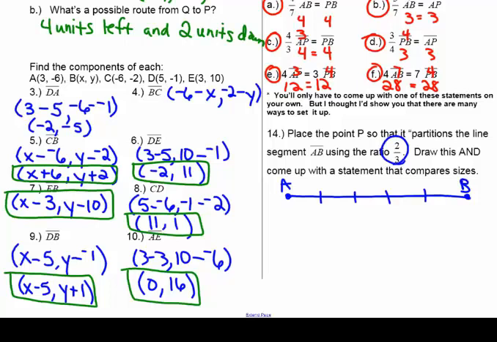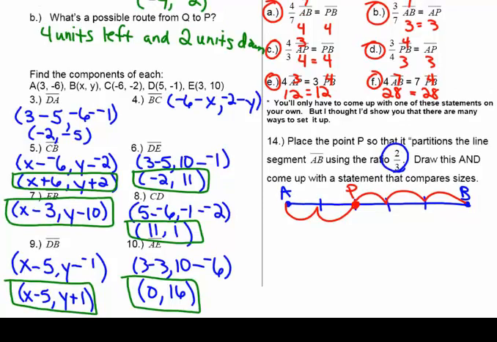And if I want to use the ratio 2 to 3, that means I'm going to go 2 units away from A, which will be 3 units away from B. If I don't end up with 2 units away from A and 3 units away from B, or some equivalent proportion, then I know that I've divided my AB incorrectly. All right, but I have 2 units for AP, and then I have 3 units from P to B. So I know that I'm good.